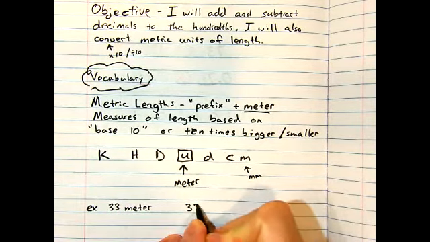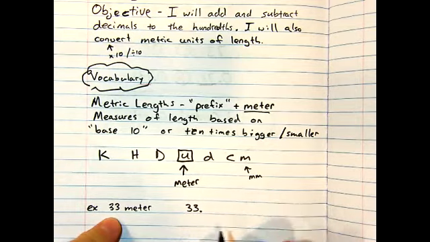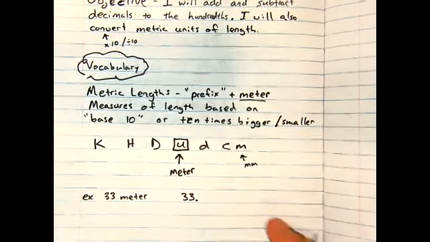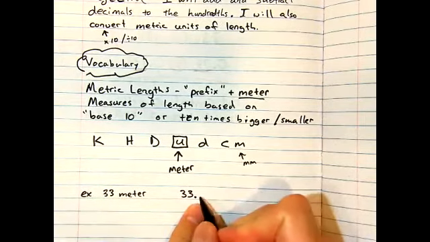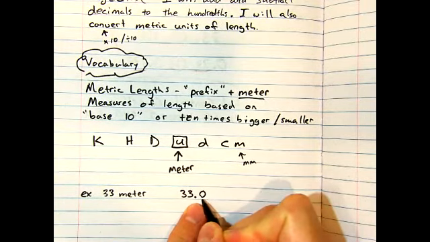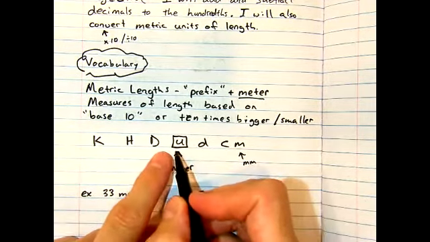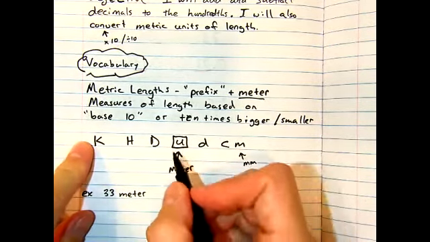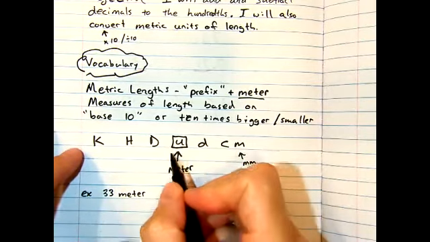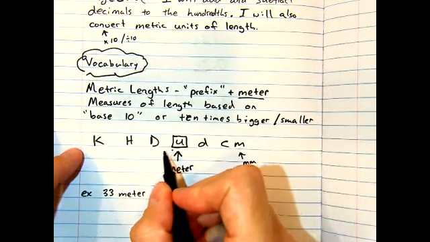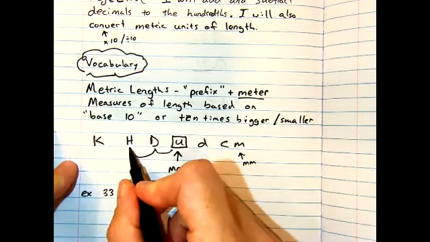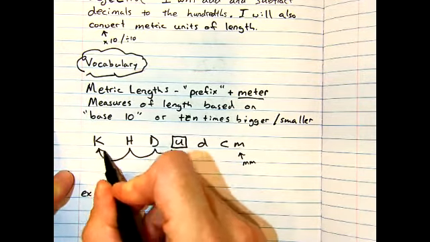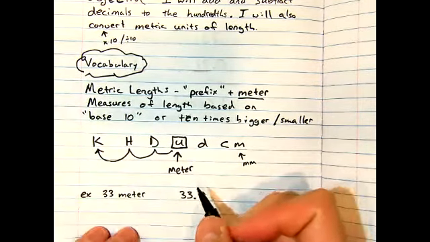So if I have 33, my decimal resides behind the last digit. So it's 33.0. If I want this to be represented as kilometers, I'm going to go ahead and move it. So I'm going to go 1, 2, 3 spaces. So 3 is the magic number.